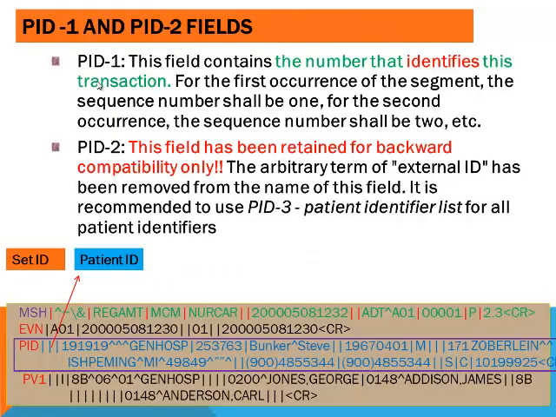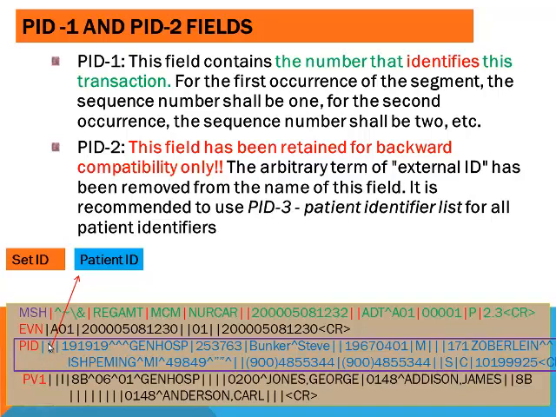So let's explain these fields in the PID segment. Let's see the first two fields. If you look at these two fields, there is nothing here. The first one is optional, so you can remove it. The second one is the patient ID, which I told you is marked as B, meaning backwards compatibility.